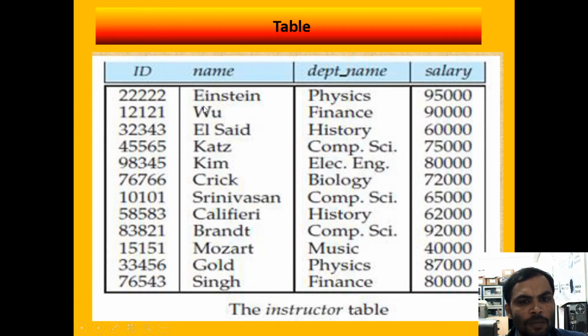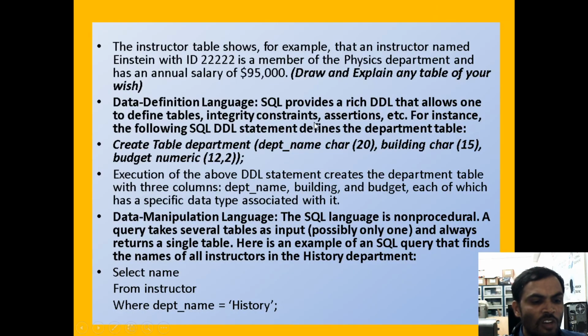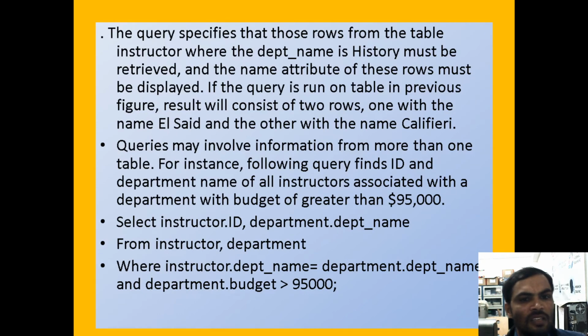Under the department name, we have physics, finance and history. Under the history department, only 2 employees are there. Based on the select query, it will retrieve only the records of those 2 employees. The statement says the same thing here, meaning the attributes of those rows must be displayed, displaying only the 2 employees.